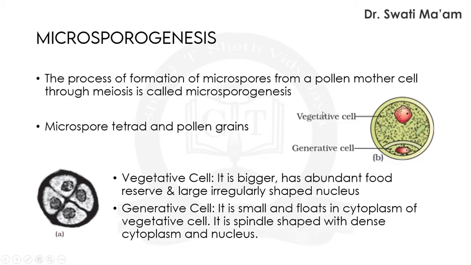The vegetative cell is bigger, has abundant food reserve and a large irregularly shaped nucleus. The lower part is the generative cell. It is very small and floats in the cytoplasm of the vegetative cell, and it is spindle shaped, having dense cytoplasm and nucleus.